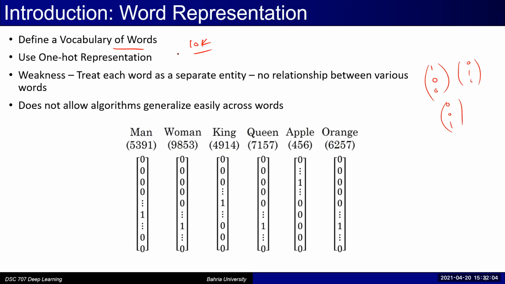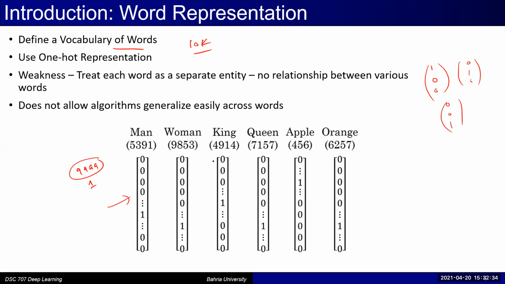Now, if you represent it with one hot vectors like this, a very obvious drawback you can notice is that I have a vector of 10,000, because I have 10,000 words in my vocabulary, in which 9,999 are 0 and there is only a single 1. So all of these are 0, but I have to store them, right? So this storage is quite inefficient.